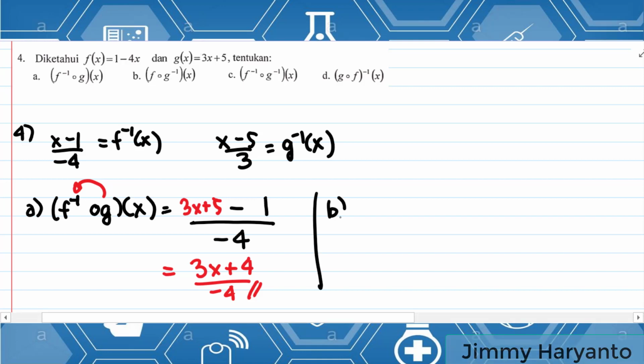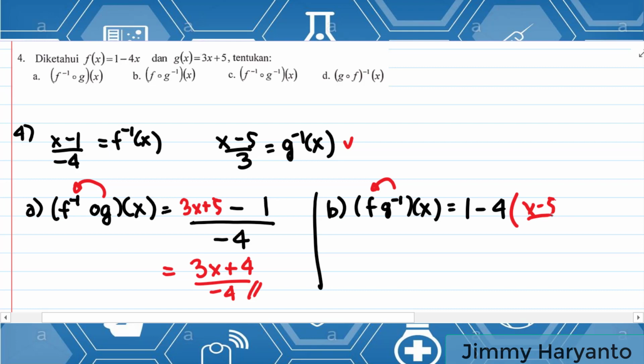And then for B, we will have f of g inverse x. That means you have to put g inverse into f. Write the f first. The f is 1 minus 4x. And then change the x into the g inverse. Where is g inverse?